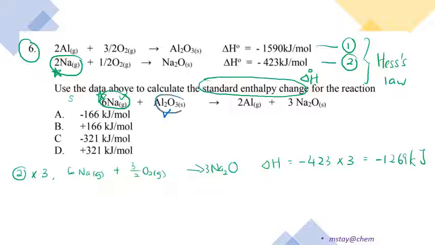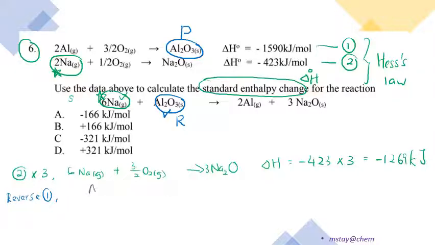Aluminium oxide can be found in the first thermochemical equation. However, in the first equation, aluminium oxide acts as the product, but in the question, the aluminium oxide is the reactant. So that means we are going to reverse the first equation.